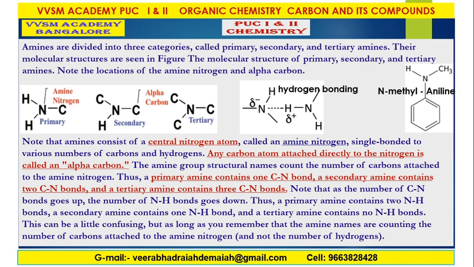Note the locations of the amine nitrogen and alpha carbon. Amine nitrogen and alpha carbon are important factors to know about the functions of amines and the identification of amines in the structure of amines.